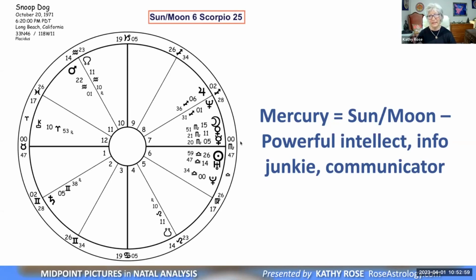When I have assigned charts to some of the students I work with privately, and I remind them, always find that sun moon midpoint and always tell me if there's a midpoint picture. Well, if they have it directly on the chart, so often they forget to look for squares and oppositions because astrologers these days tend to be dependent on the computer to tell them where there's an aspect.